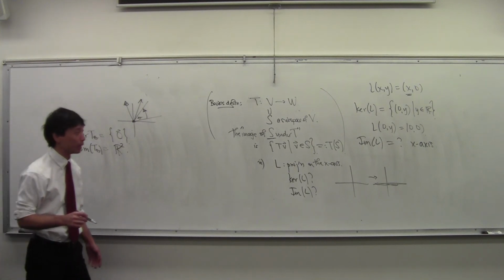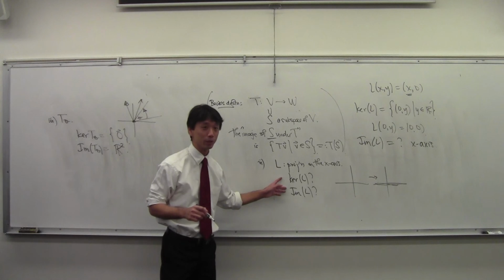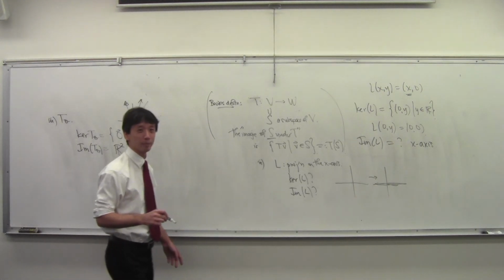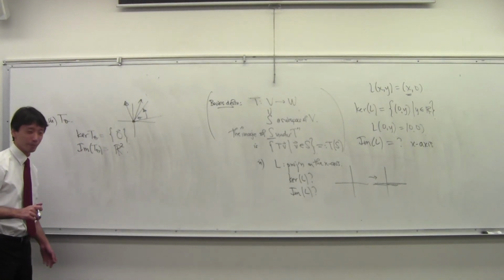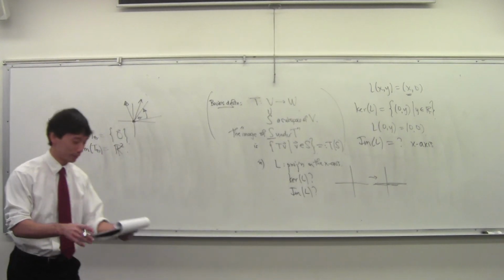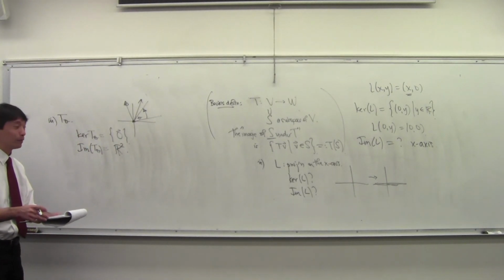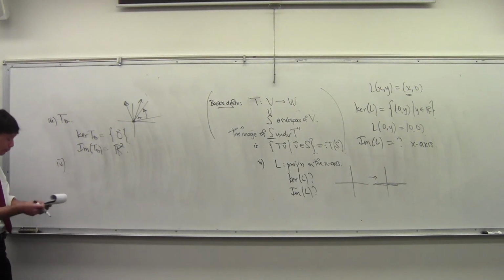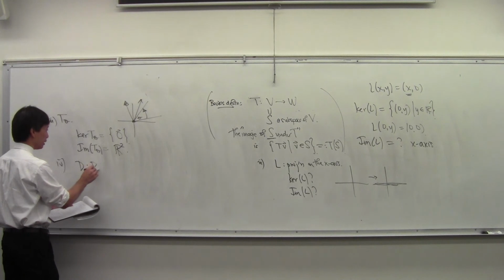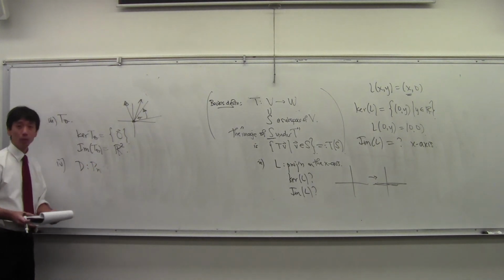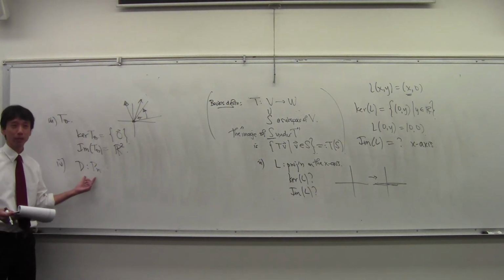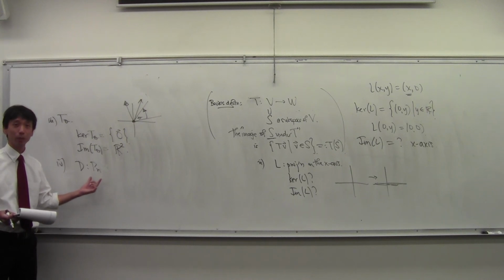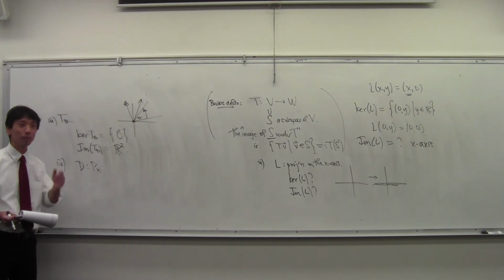Okay. Maybe you're noticing something about the relation between the kernel and the image and their dimensions. But I'm not going to ask you about it. Number 4, differentiation on Pn. What's the kernel? What gets killed by the differentiation operator? What polynomials get sent to the zero polynomial? Constants, right?